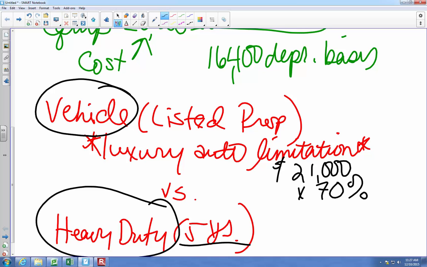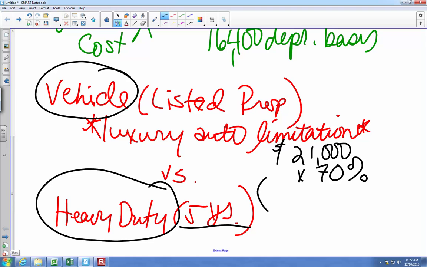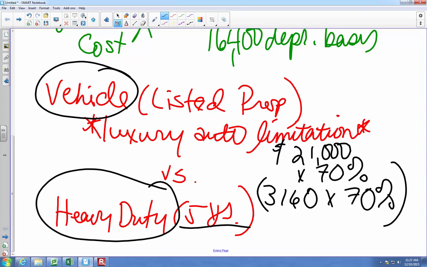Nope. It's $3,160 times 70%, right? So on page 7-17, it says 3,160 is the max, but that's not really the max. It's whatever it is times business use. So it's $2,212.